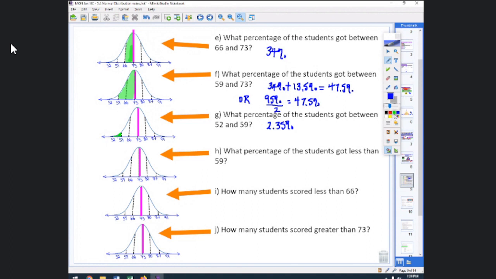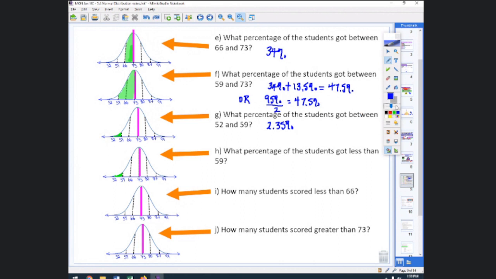Less than 59. This is a tricky one. Maybe, maybe not. So less than 59 means everything to the left of 59. So this first little group here, I think, is 2.35%. But there's something you have to add to that.